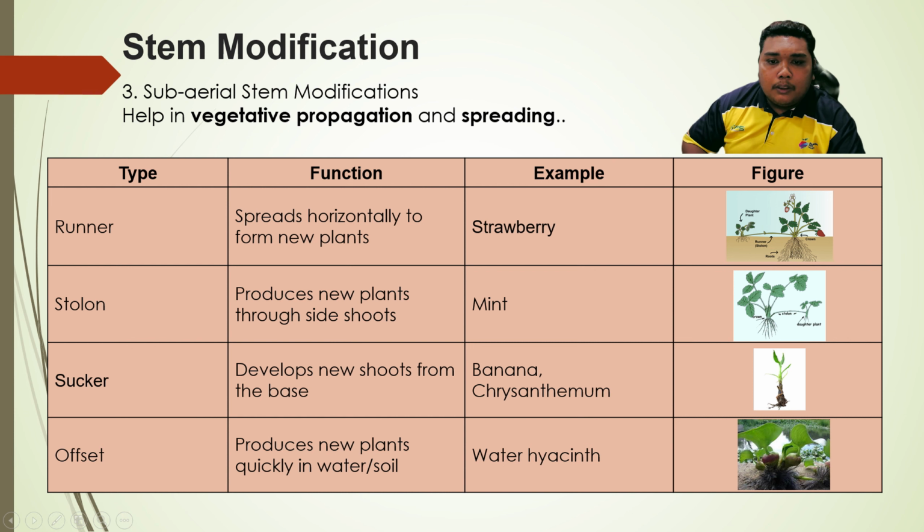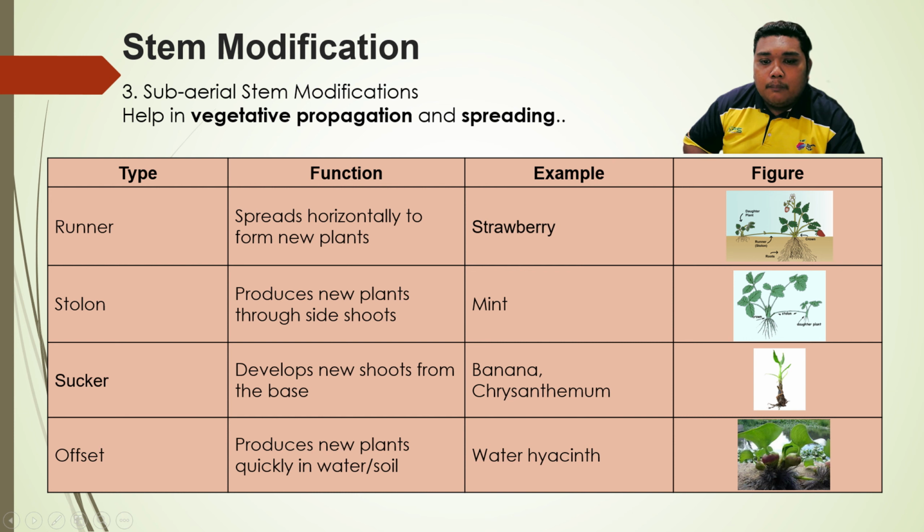Second, we have stolon, which produces new plants through side shoots, such as mint. Thirdly, sucker develops new shoots from the base, such as banana and chrysanthemum. It will grow the new plant and it is called sucker.